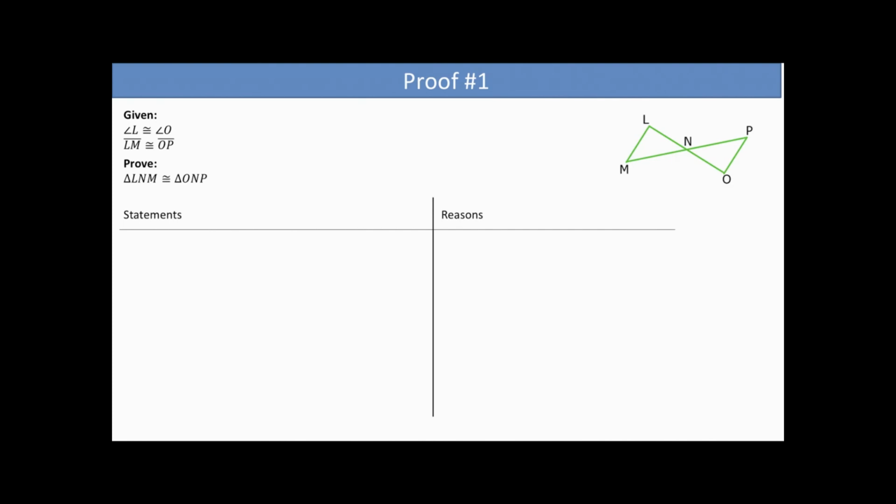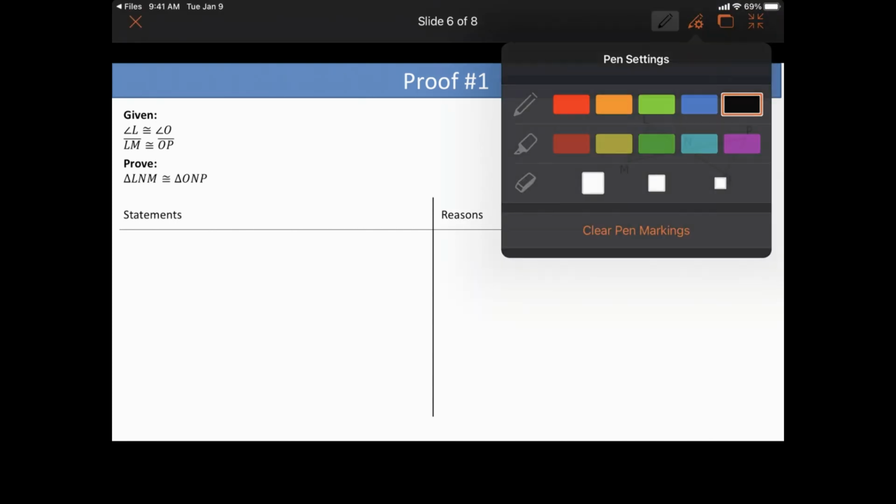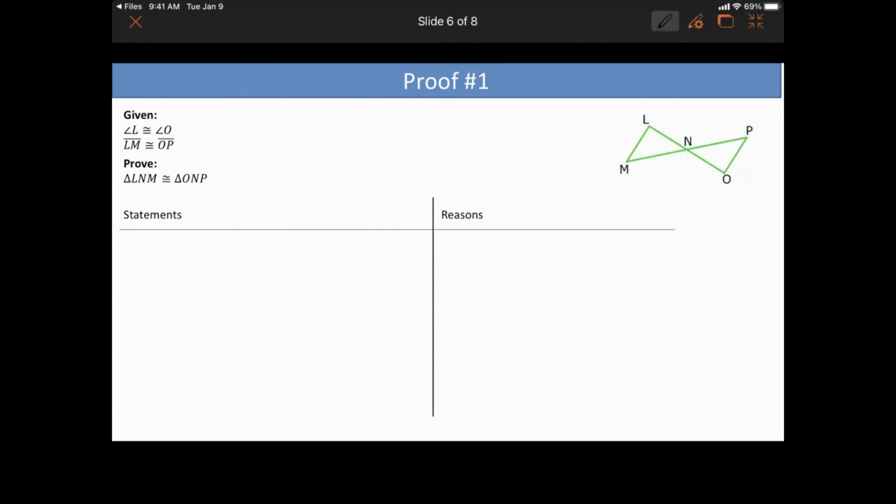All right, let's try this one. Okay, so I'm looking at my given. I have a pair of angles and a pair of sides. And I'm trying to prove triangle LMN is congruent to triangle OPN. All right, so I'm going to start with a given. So angle L is congruent to angle O. Given.